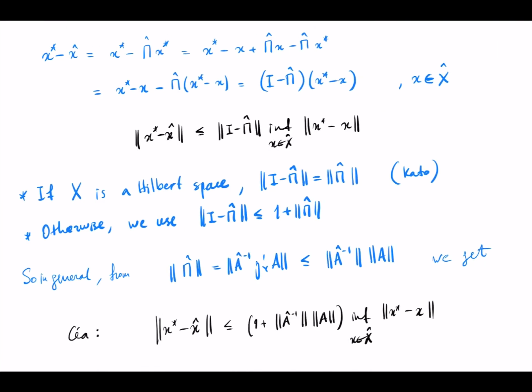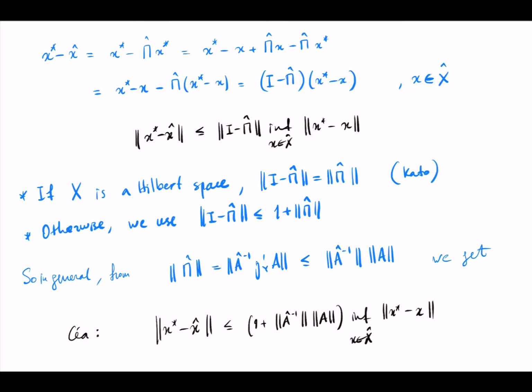Okay, so once we have this projector, we use standard methods to evaluate the error. So the exact solution minus the Galerkin solution can be written in this way with the Galerkin projector. And because p hat is a projector, we can now stick in minus x and plus x, and write plus x as p hat applied to x, where it's important that x is now in the discrete space x hat.